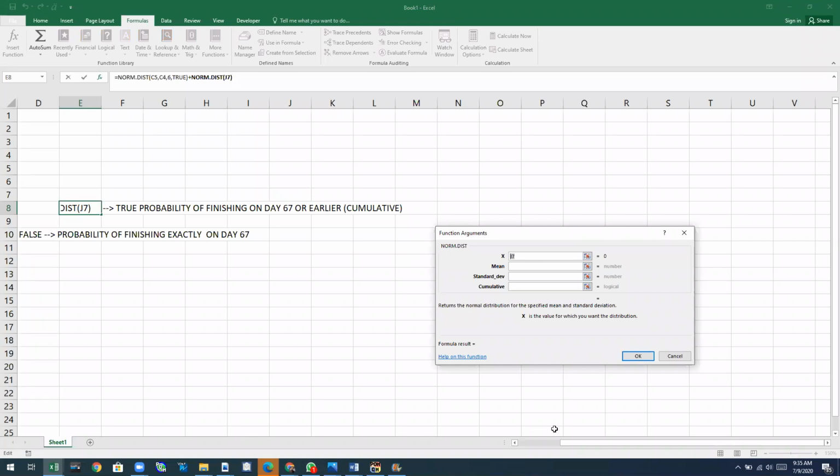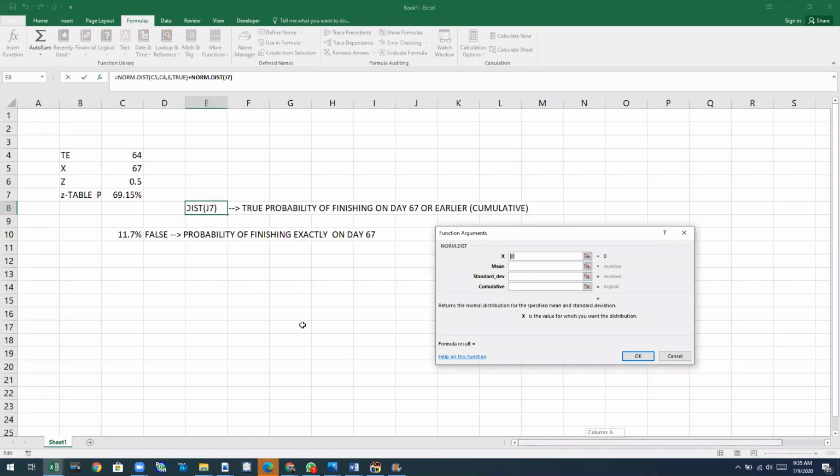X is the time that you would like to know the probability of finishing on, day 67, which is found in C5. The mean, or the weighted average time, is 64. It is found in cell C4.